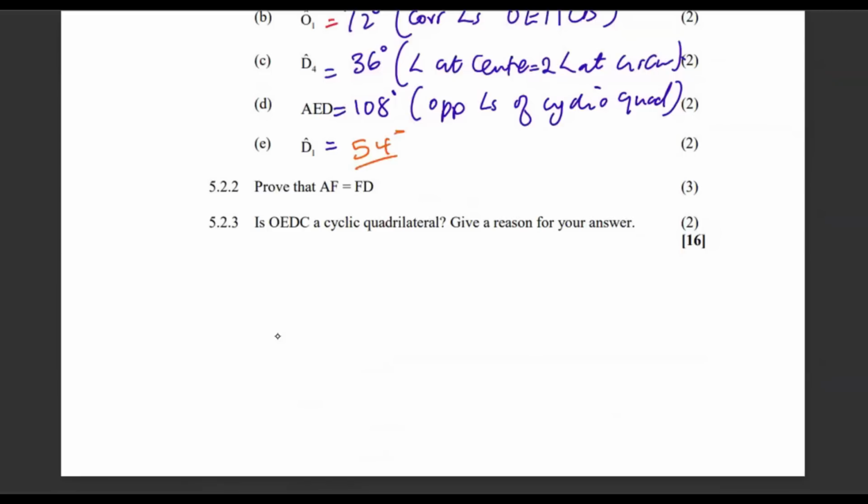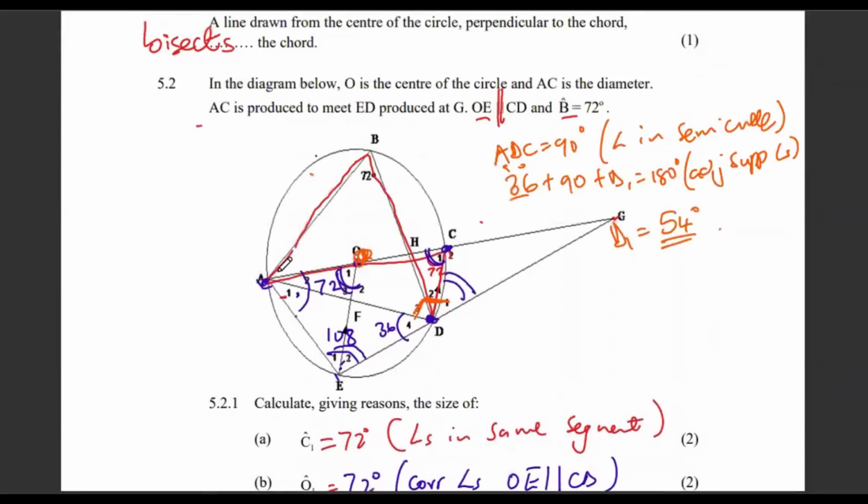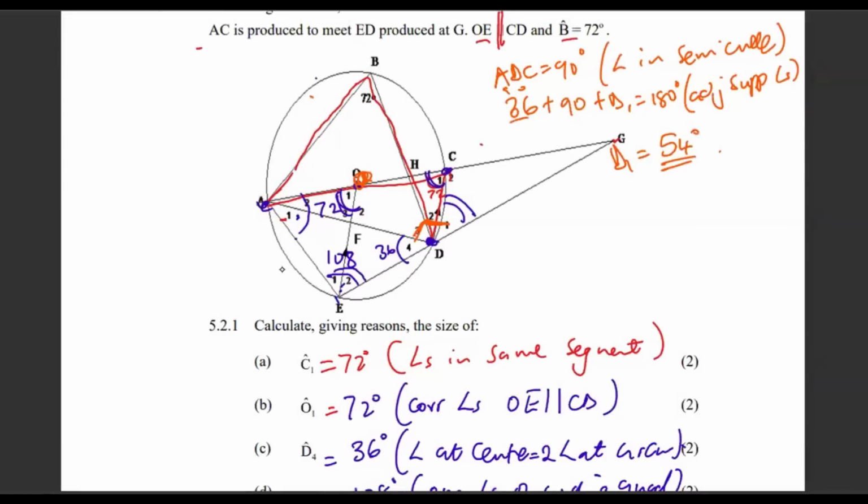5.2. Can we prove that AF is the same as FD? Prove that AF, where is AF? This one is the same as FD. So the only thing you need to prove there is make sure that either F2 or F3 is a 90.